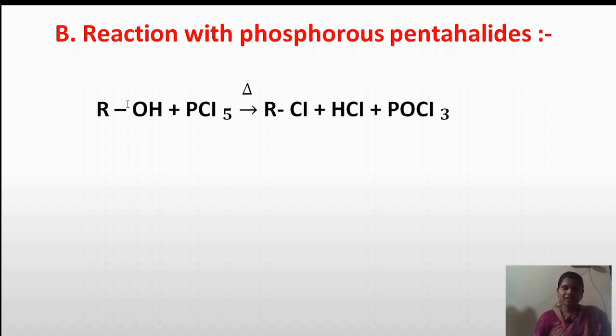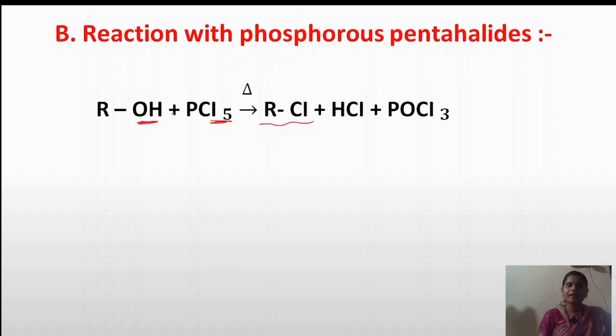Now in this reaction, this OH is replaced by one of the Cl of this PCl5 and we will get the RCl.